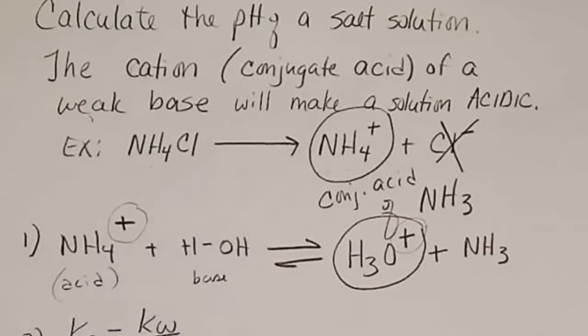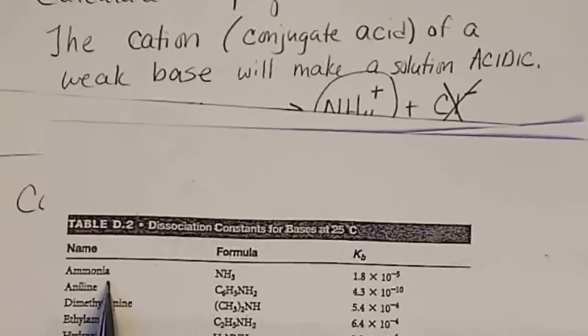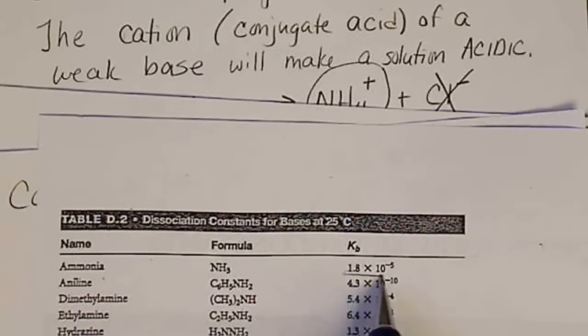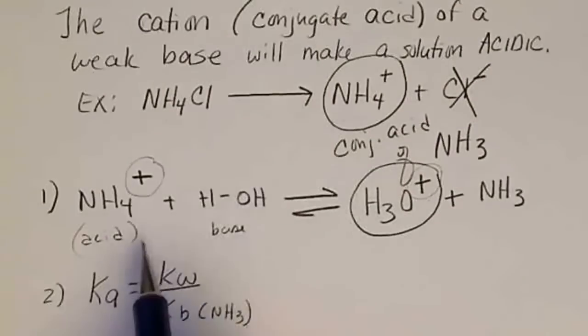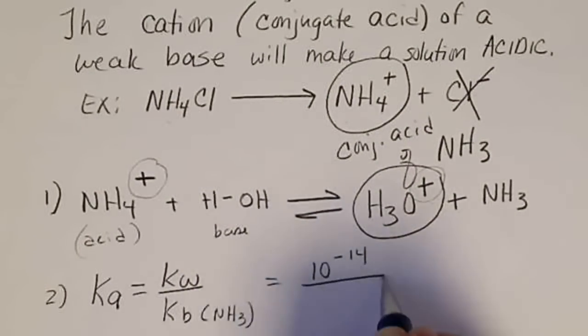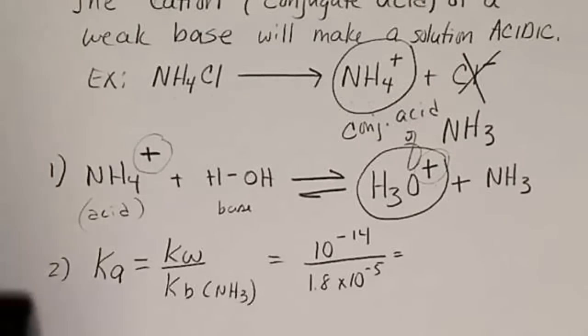So we have to look up the NH3 dissociation constant. Ammonia has a Kb value of 1.8 times 10 to the minus fifth. So the ammonium ion will have a Ka value, which is Kw divided by 1.8 times 10 to the minus fifth.